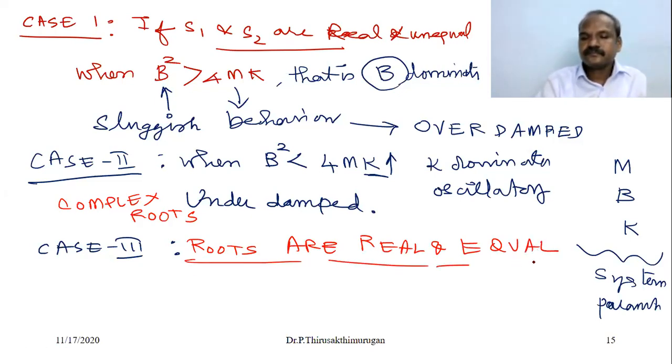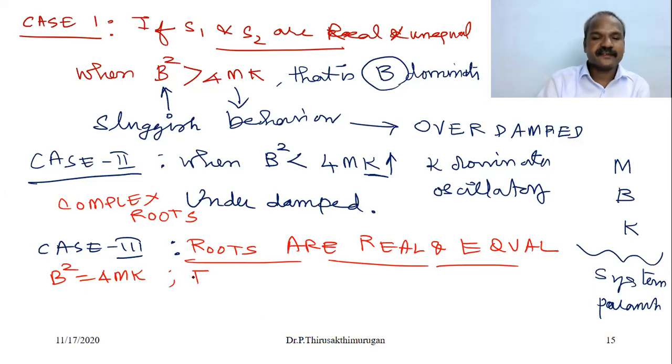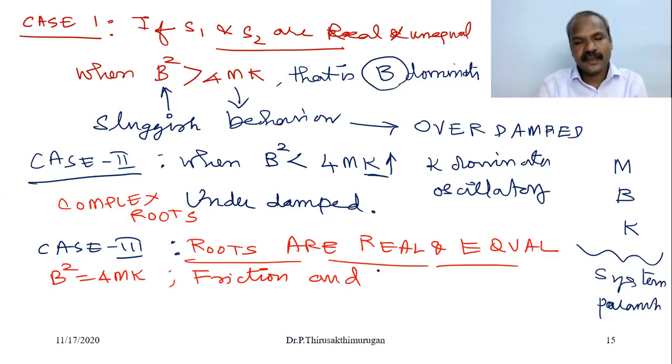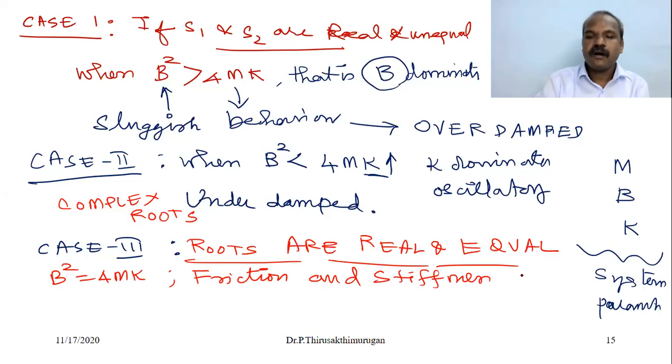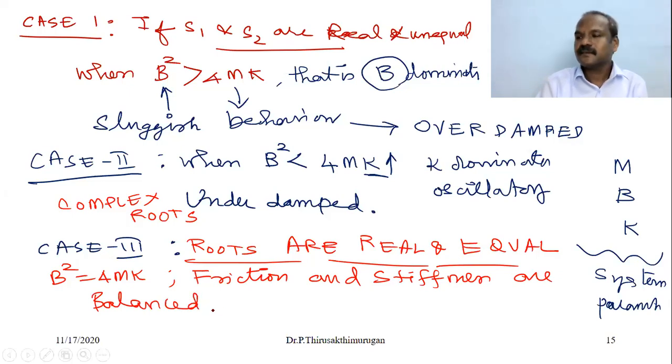Clear? Roots are real and equal when b square equals 4mk. In this case, the friction, or damping coefficient, and the stiffness k are balanced.